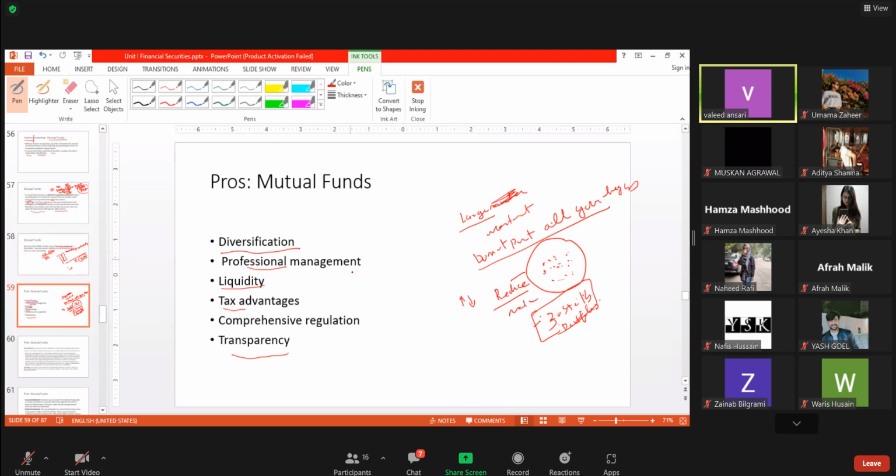And as I said, there is the headache of monitoring this investment; even if somebody makes the investment, one constantly has to keep track of, monitoring, and revising the portfolio. So all these benefits are provided by professional management. So there are fund managers in mutual funds.